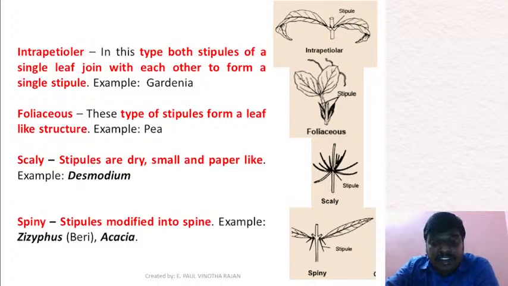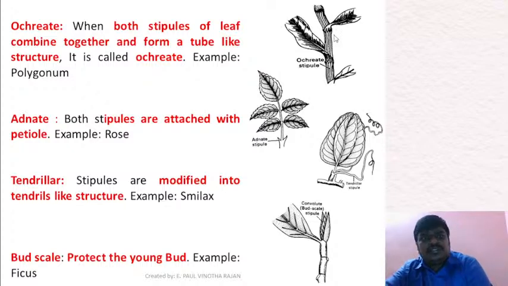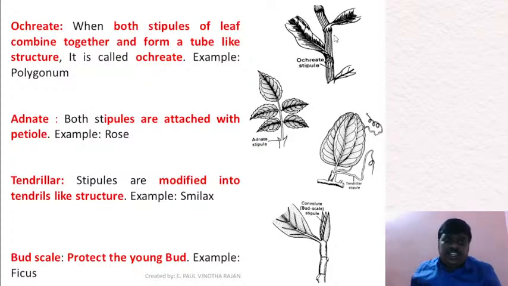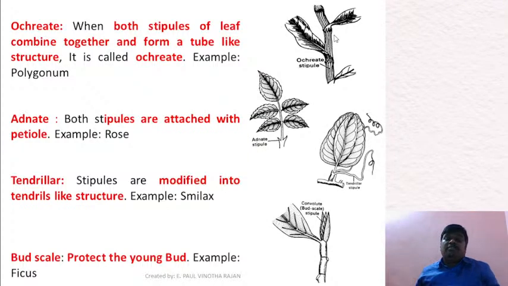These are all different types of stipules. Next we have arcuate. In arcuate type, you can see that the stipules are joined together. They combine together with the leaf. Both stipules of the leaf combine together to form a leaf-like structure. That is called arcuate.